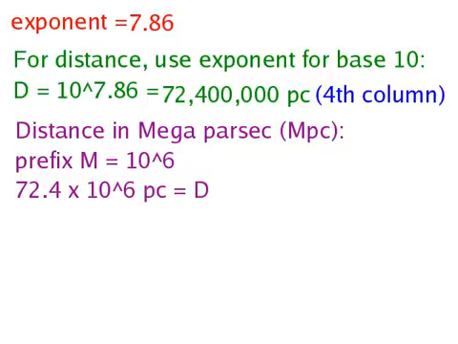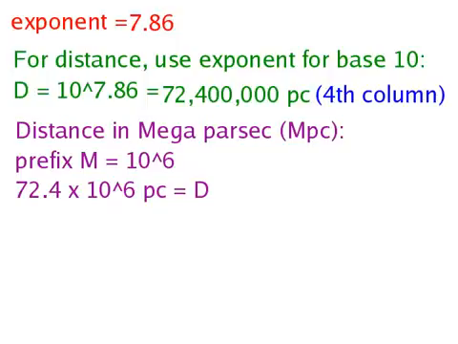So in other words, we can, oh, wait a minute. Okay, yeah, maybe we didn't go over that. And then we can just take the 10 to the 6th and replace it with the capital letter M, because the 10 to the 6th is equal to mega. So we get 72.4 megaparsecs for the distance.